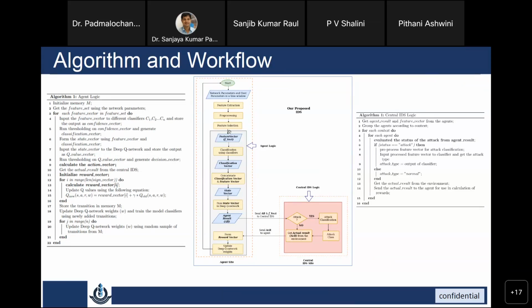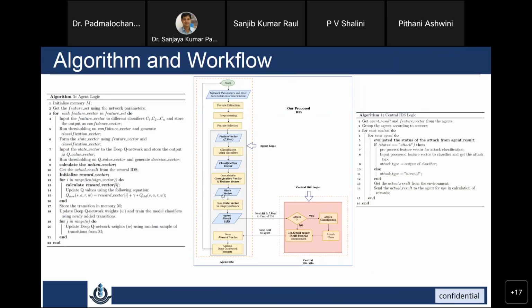Up to this point, we pre-process the packets, then classification happens, and then the feature vectors are generated. After that, the training happens here in the deep Q network. Reinforcement learning happens here. The deep Q network is there, and here the agent result is generated.